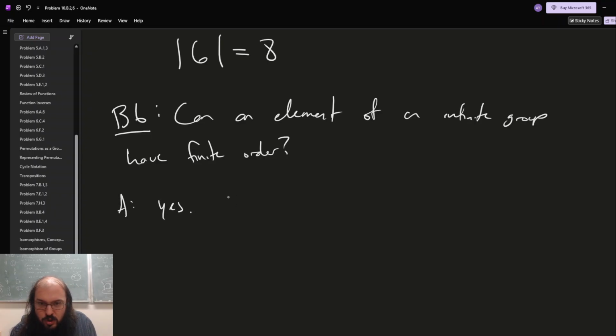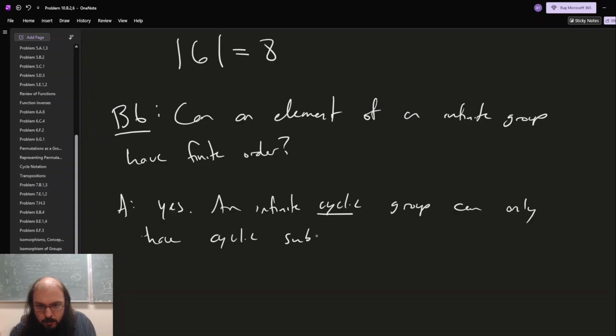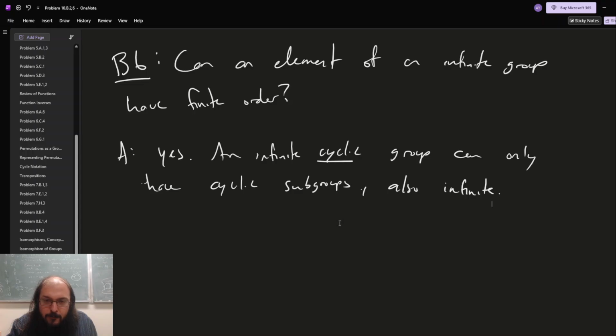The reason for the confusion is an infinite cyclic group can only have cyclic subgroups. And since the elements of those subgroups are powers of the generator of the infinite cyclic group, they also cannot have finite order. So they would also have to be infinite. But all we need is an infinite non-cyclic group for this to be the case.